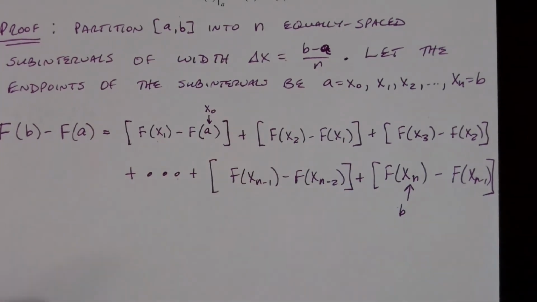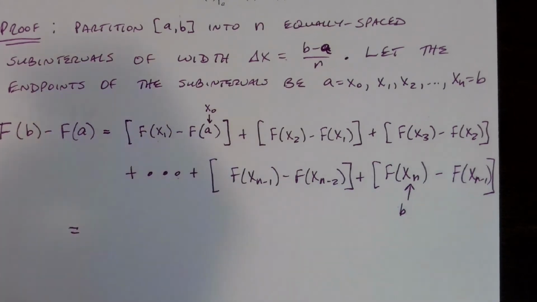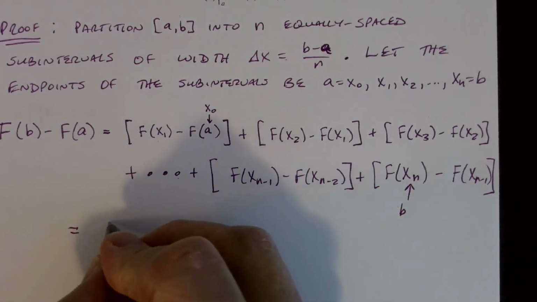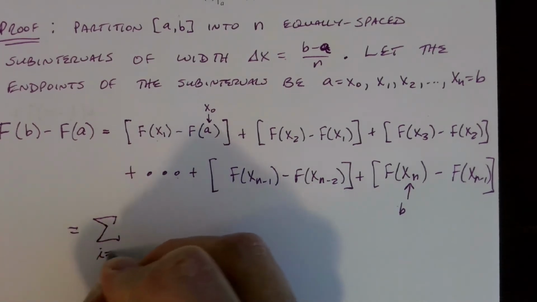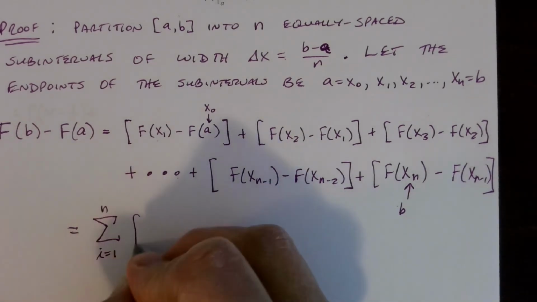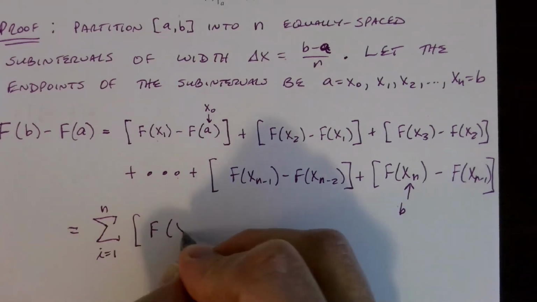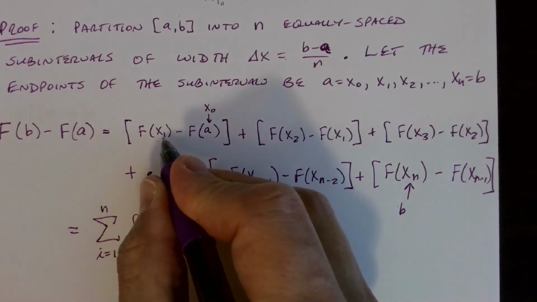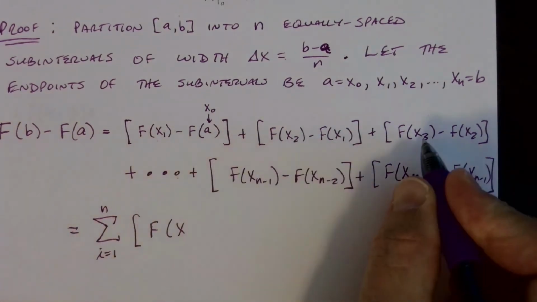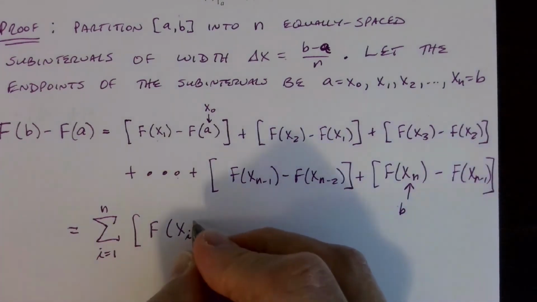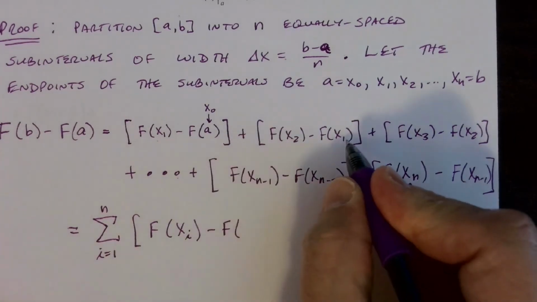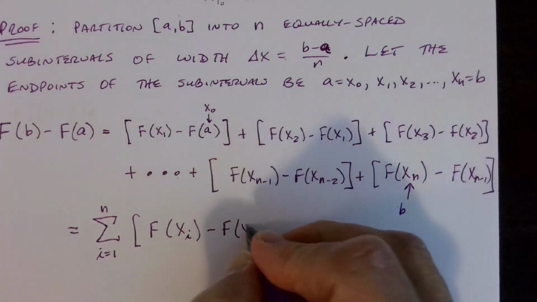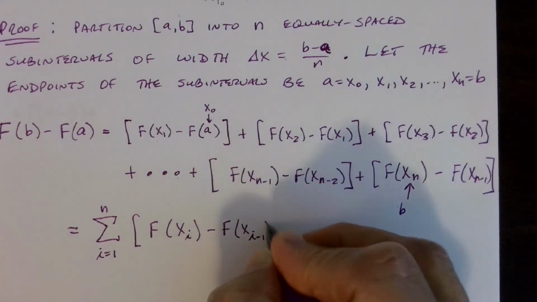Well, proofs are a little tricky sometimes, but you can kind of see where I can now write this as a sum. i equals 1 to n of what? F of x of what? It's 1, 2, 3, 4, so it's x sub i here, minus F of what? It's 0, 1, and so on, so it's 1 less: F of x sub i minus 1.